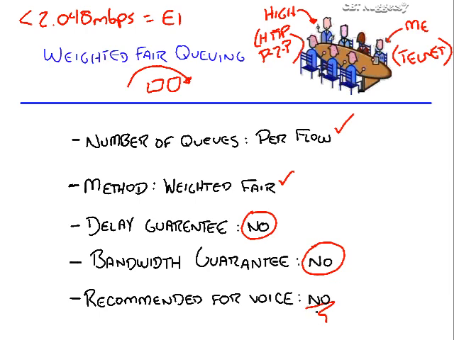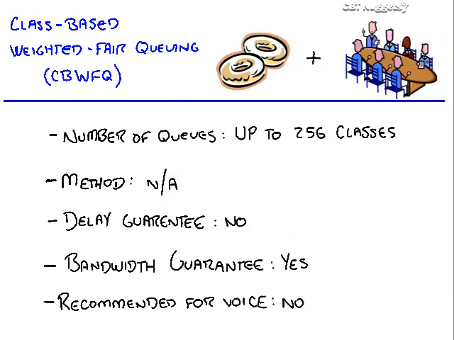These IP phones, or even analog phones that are being run over the IP network, do send a very steady stream of bandwidth. Sure, it doesn't consume too much, but it's always talking. So if you want to find a quick way to make your voice sound pretty horrible, go ahead and turn on weighted fair queuing for your voice mechanisms. It is not designed to handle the voice style of traffic.